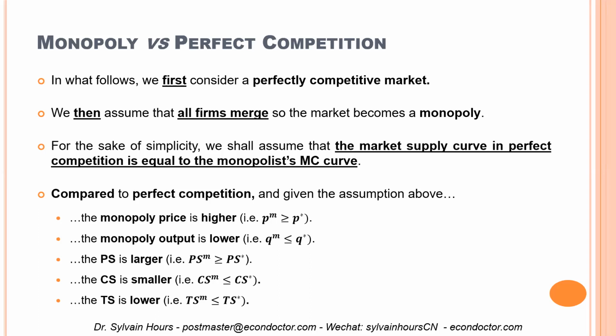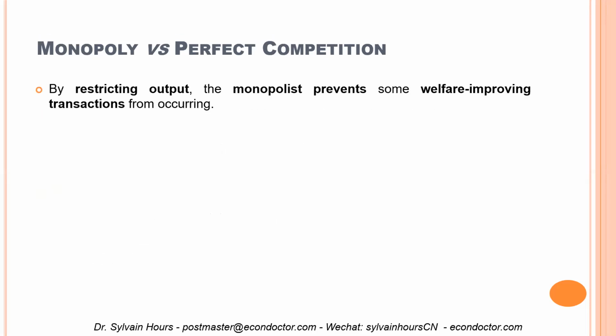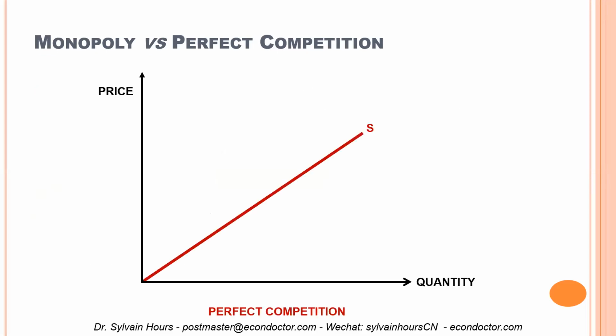The consumer surplus in monopoly is smaller than the consumer surplus in perfect competition. And overall, the total surplus in monopoly is lower than the total surplus in perfect competition. The best way to understand that is to look at a diagram. So let's do that.